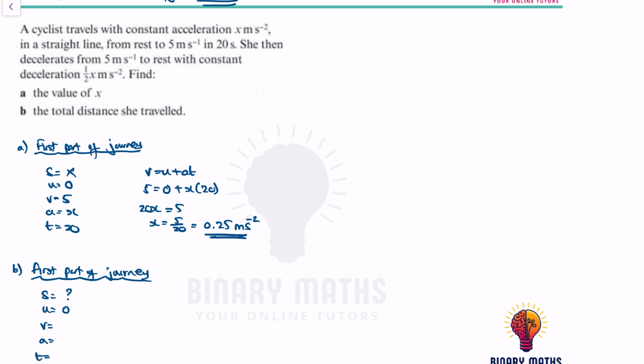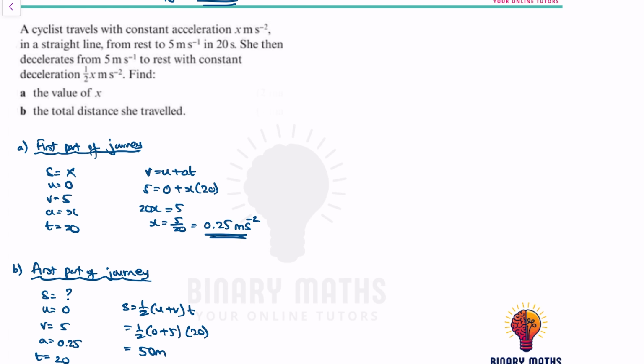We know it goes from 0 to 5. The acceleration we just worked out is 0.25 and the time is 20. So S is equal to half of U plus V times T, which is half of 0 plus 5 times 20, which is equal to 50. So 50 meters in the first part of the journey.